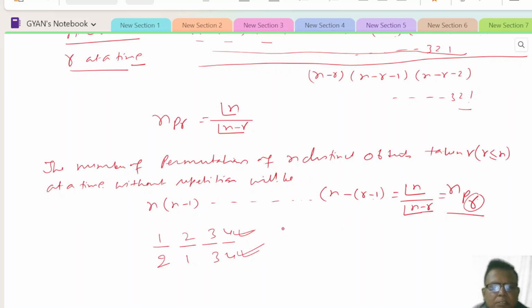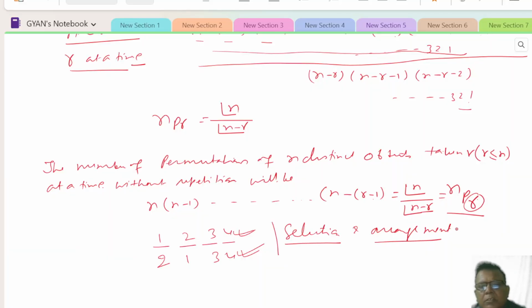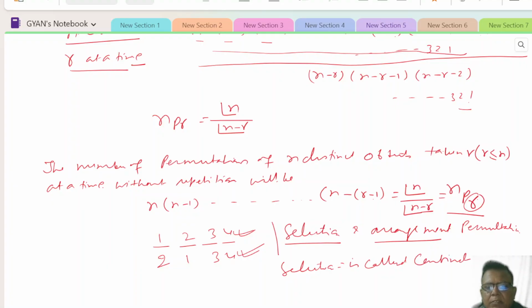So permutation is nothing but selection and arrangement. Only selection is called combination, which we will study later.